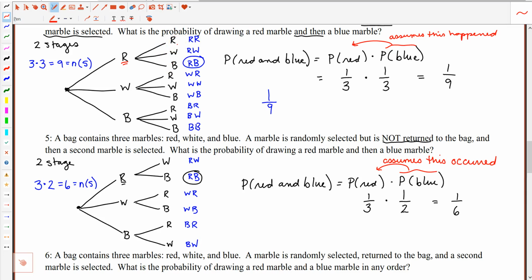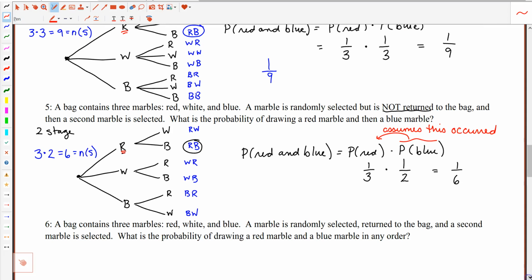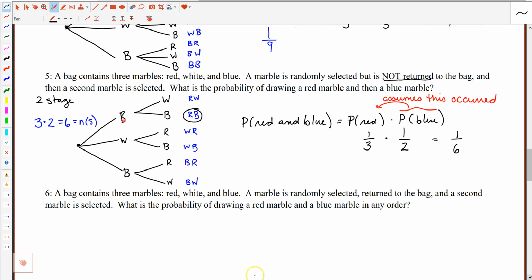So this one, the experiment kind of reset itself, so we could look at it like it was like a brand new trial. But on this one, we had to be a little bit careful because since we're sitting right here, it altered what was possible in that second step. Now these are assuming that things are happening in order, right? So this is red and then blue.